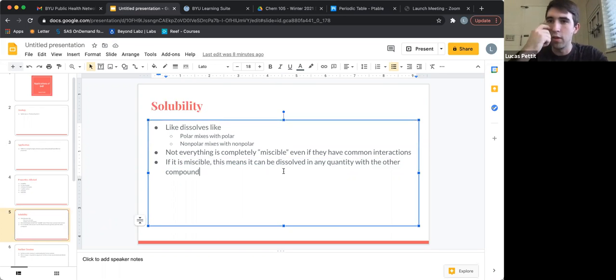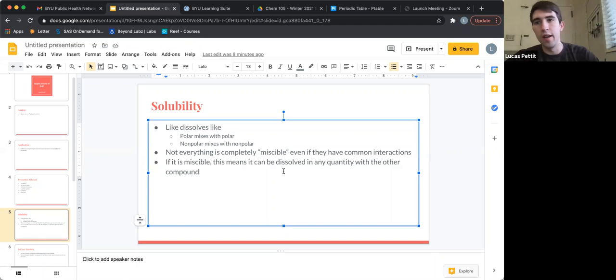And so that's a term that you should be aware of. If something is miscible, it means that at any quantity, these two substances can 100% mix. There won't be any of that not mixing that happens because of too much hydrophobic substance, even along with the hydrophilic.